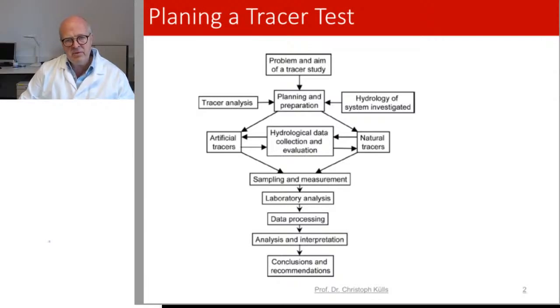So it is very difficult to do a tracer test at the end of the dry season, at the end of the summer. It is much easier to do a tracer test in spring when the whole system is wet and activated. However, you have a certain question, so it might be interesting to understand or learn something about the tracer system at the end of the summer. So it depends on your question, of course.